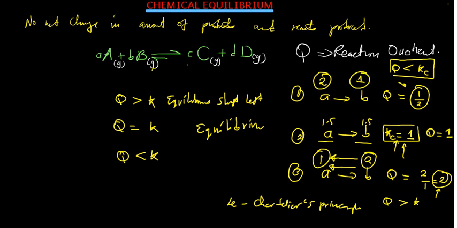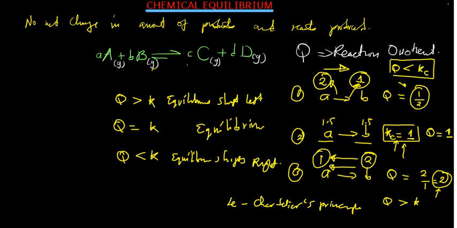So because of this, by Le Chatelier's principle, the reaction is supposed to proceed in this direction, so that we use up more of the reactants to form products, so that we reach a point of equilibrium. And so when Q is less than K, equilibrium shifts to the right.